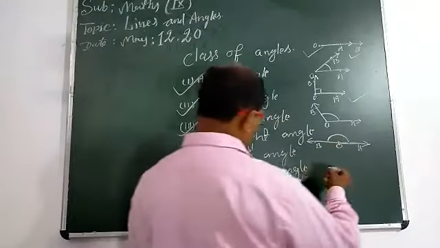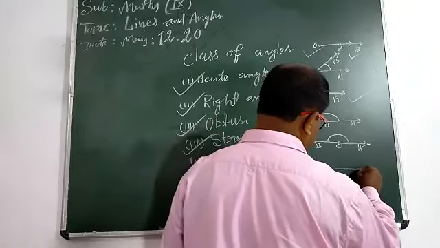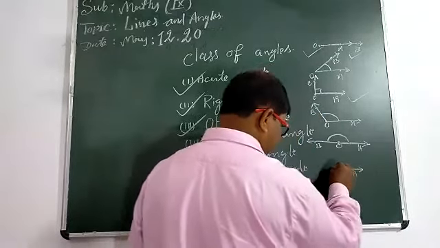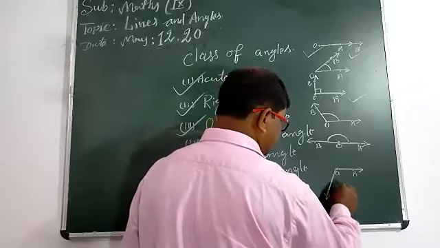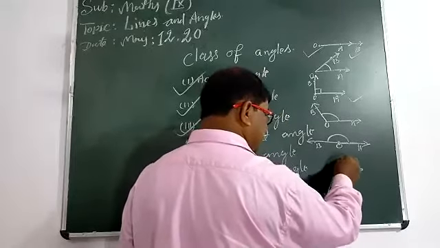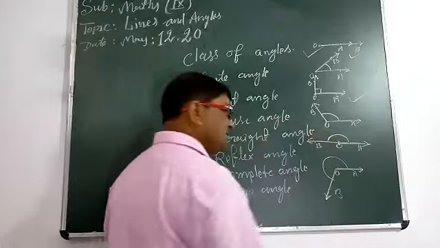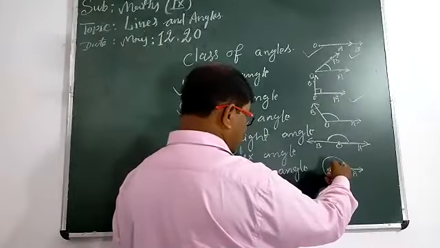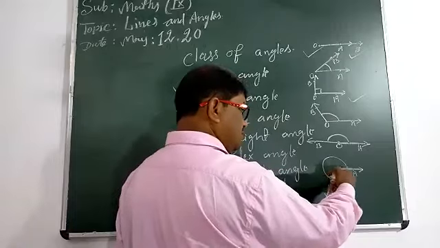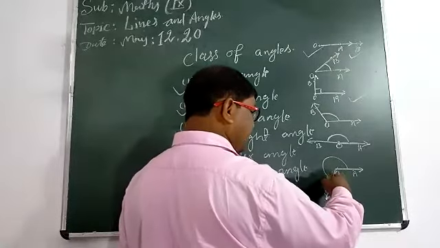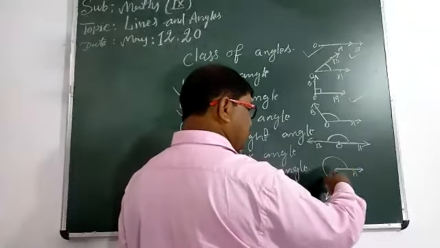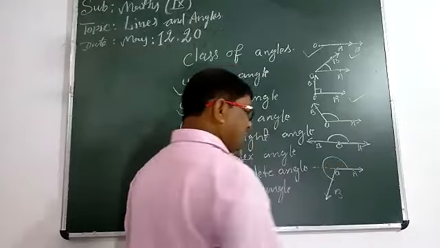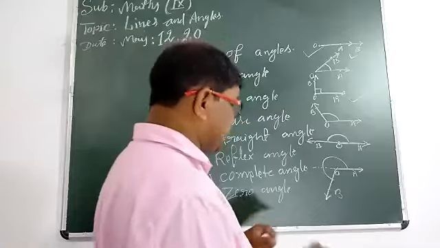Now, student, we are thinking about reflex. Suppose that this is the first ray and that is the second. This type of inclination, mark the circular arc here. This circular arc is showing this type of angle more than 180 degree, because 180 degree means the two just opposite rays.